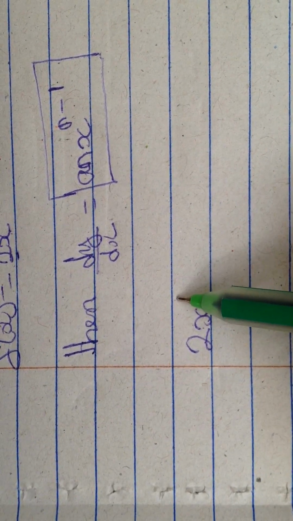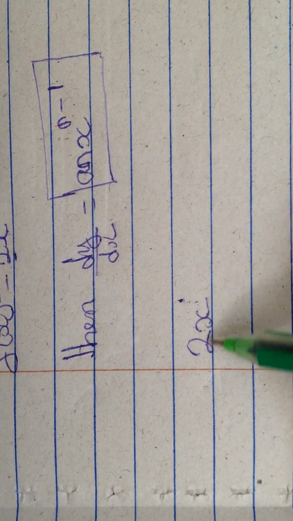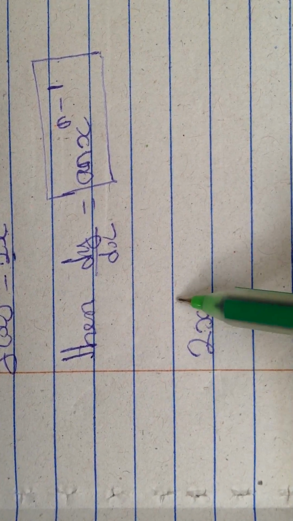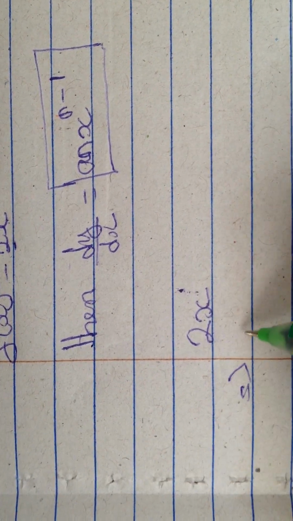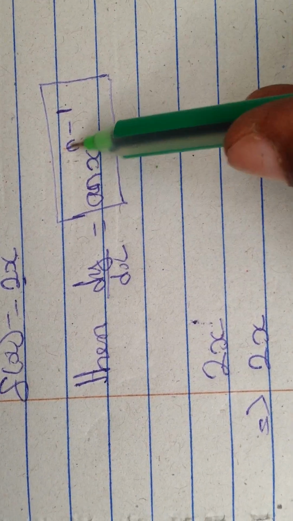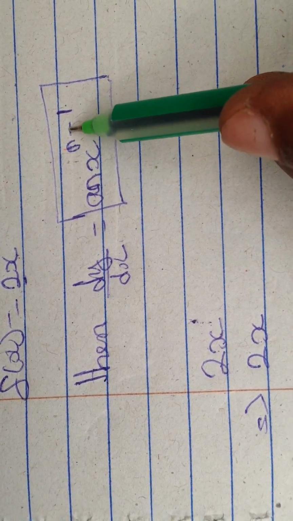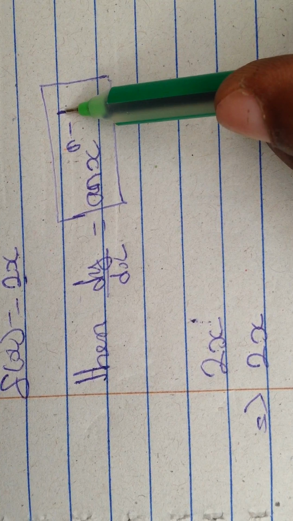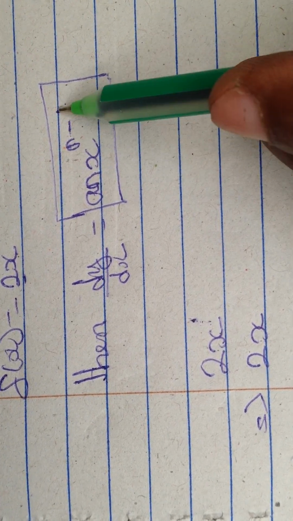So we start. x has the power of 1. You multiply that power of 1 times this base, everything here, so it will be 1 times 2x. Your answer will give you 2x. Then what do you do to the power here? You subtract 1.